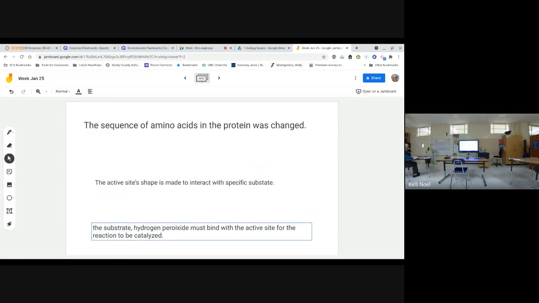So I'm going to go back, and here I need to explain why. So I'm going to put it in a different color here. So I'm going to explain why here. The sequence of amino acids in a protein was changed.